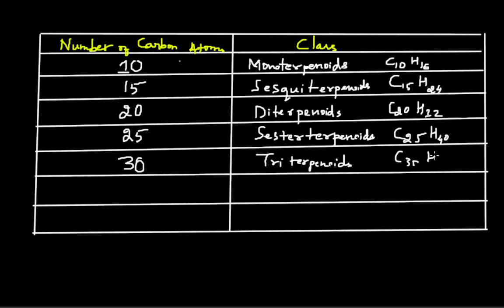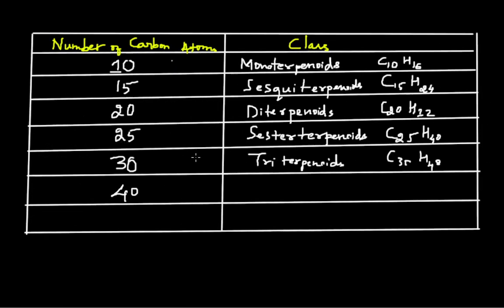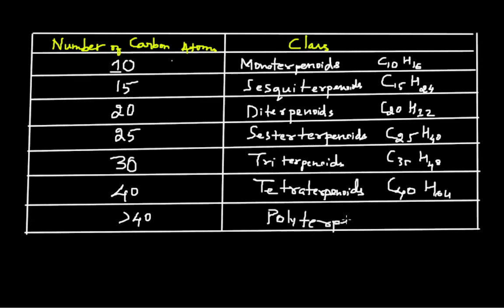So they happen to be C30H48. If the carbon atoms are 40, they are called tetraterpenoids. So they are C40H64, and if the carbon atoms are greater than 40, they are called polyterpenoids. Okay, so they have a general formula C5H8N. So N happens to be more than 8.